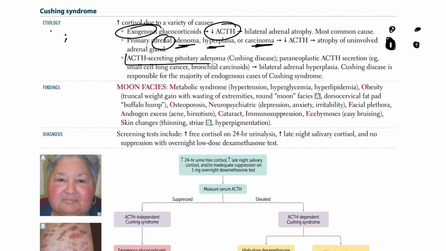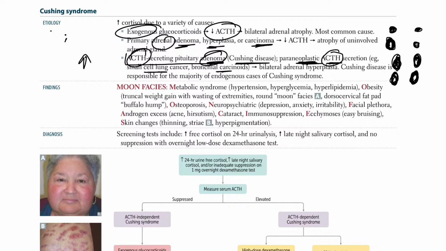With the ACTH secreting pituitary adenoma, meaning you have increase in ACTH coming from the pituitary gland, due to adenoma being there, which is known as Cushing disease, is going to enlarge both glands equally. Same thing goes for the paraneoplastic ACTH secretion, which is going to come from small cell lung cancer and bronchial carcinoids. Because they're secreting ACTH, they are going to cause bilateral equal enlargement of adrenal glands.